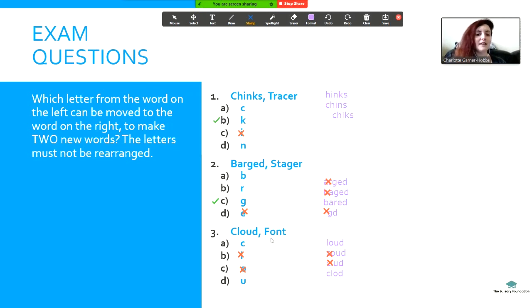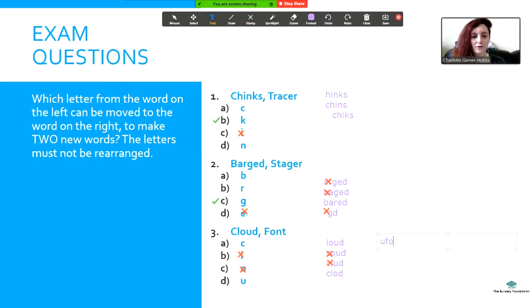For instance, we don't really get FC or a C in front of an N or a T as an example very commonly. So it's probably going to be U. If you're not sure with things like that, you could just write it all out. So I'm going to do that with the U just to double check whether my suspicion is right and it can't possibly be the C.